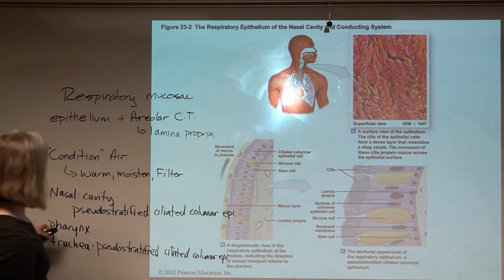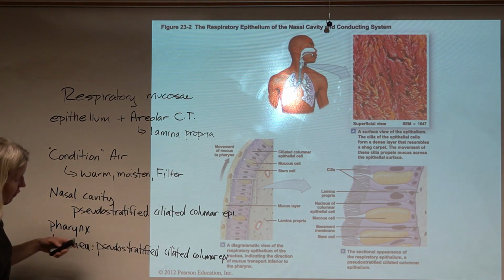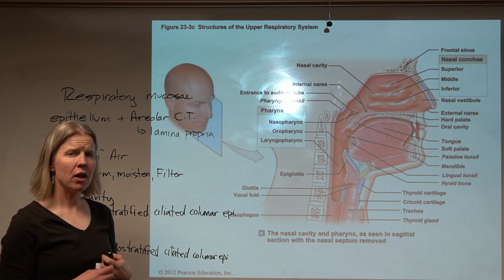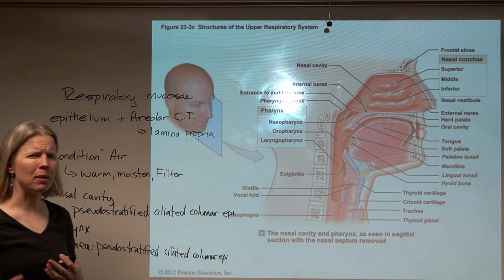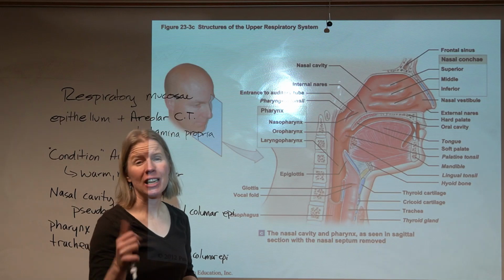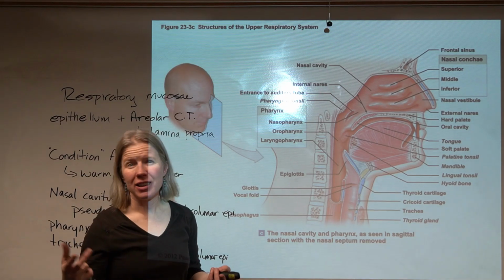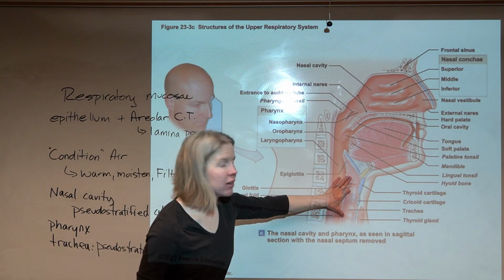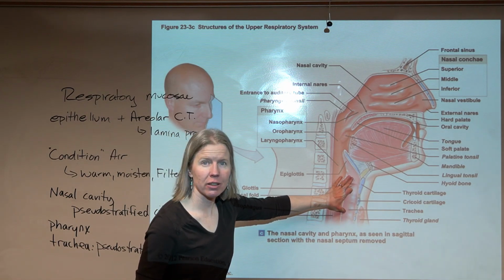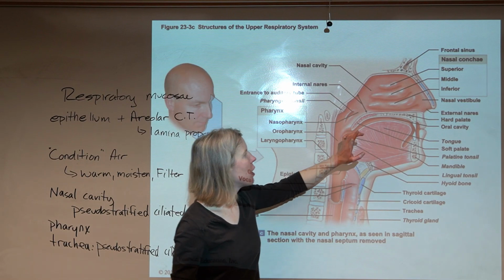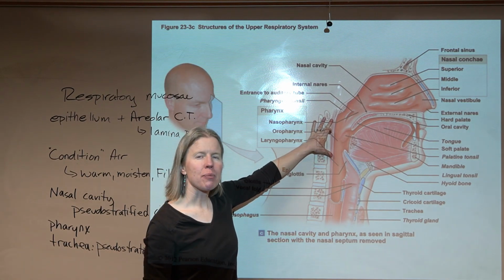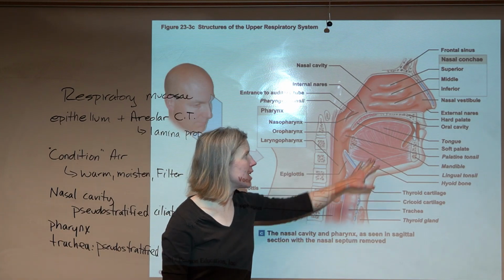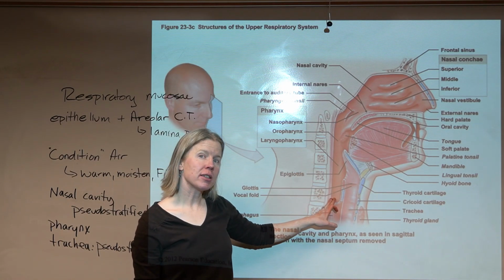Okay, now in the pharynx, right, the back of the throat, think about it. So if you just go through and try to memorize all these different epithelia, it's one, boring. Yeah, it's just kind of lame, right? But think about it. So we have pseudostratified ciliated epithelium here and here. How about in the pharynx? The pharynx is a shared region, right? We share it with the respiratory tract as well as the digestive tract.